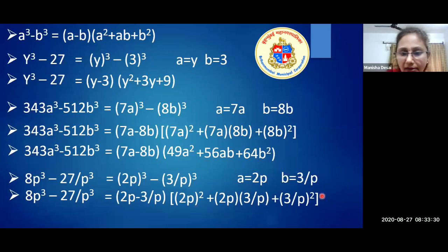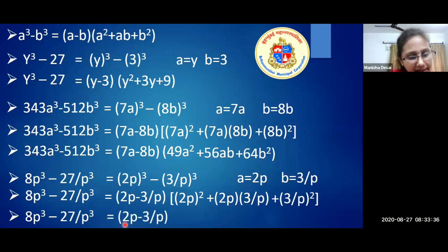Now let's solve this. This 2p minus 3 upon p is going to remain as it is. Then 2p the whole square. So that is square of 2. 2 square is 4. So it can be written as 4p square plus 2 into 3.